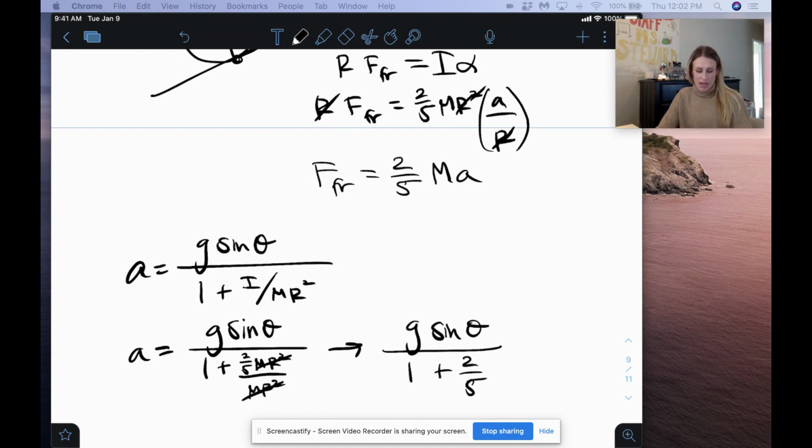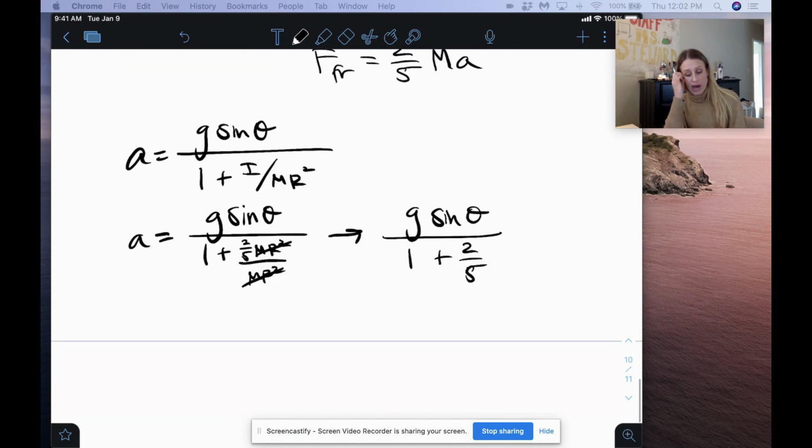Okay? Now, plugging in numbers here, we also want to make sure that we have a better expression on that denominator there. So obviously 1 is 5 over 5, and then we add 2 over 5, which is 7/5.